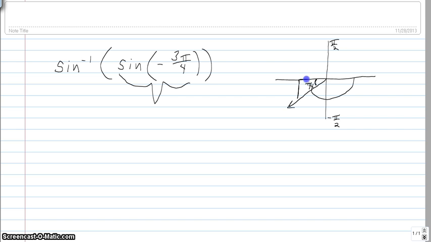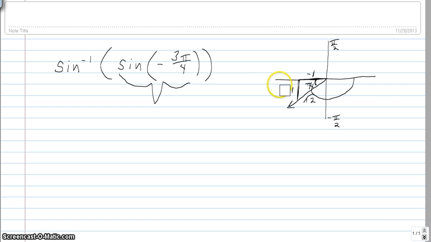Computing the sine of minus 3 pi over 4 would be the same as computing the sine of pi over 4. We just have to make sure we get the correct sign, meaning positive or negative. If this angle is pi over 4, I know the ratios of the sides of my triangle, and of course these would both be negative.